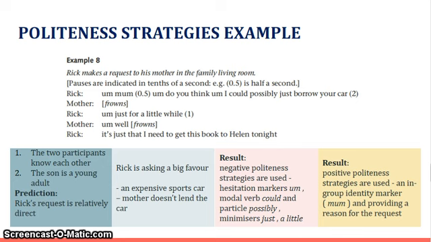This is an example from Janet Holmes' Introduction to Sociolinguistics. Example number 8. Rick makes a request to his mother in the family living room. Pauses are indicated in tenths of a second. For example, 0.5 is half a second.